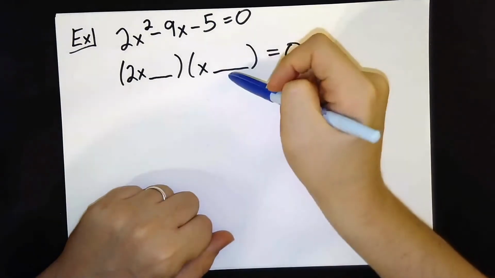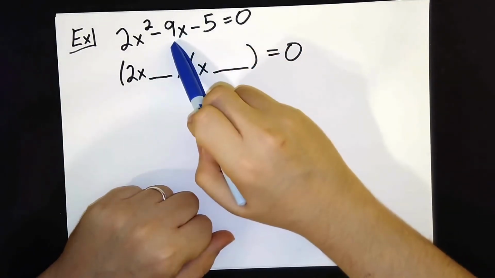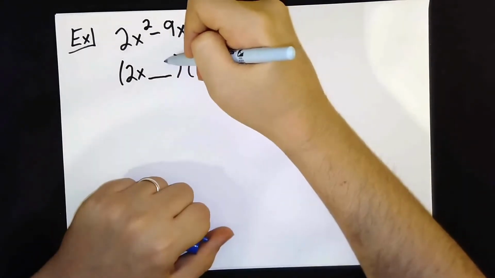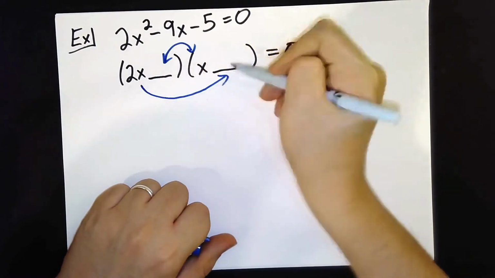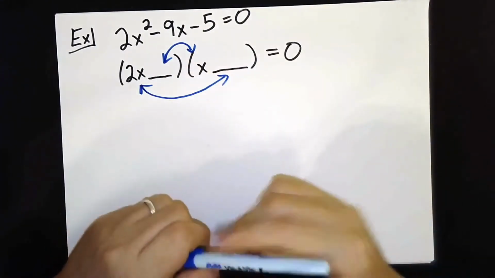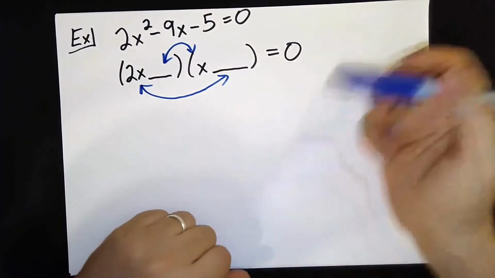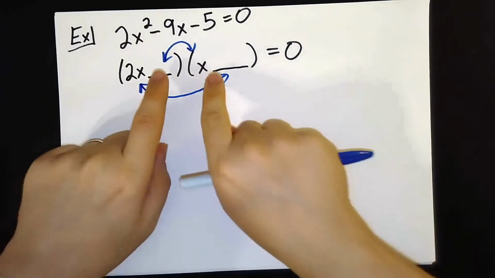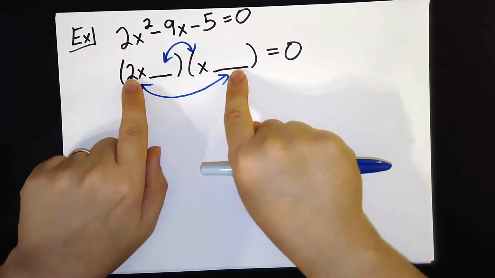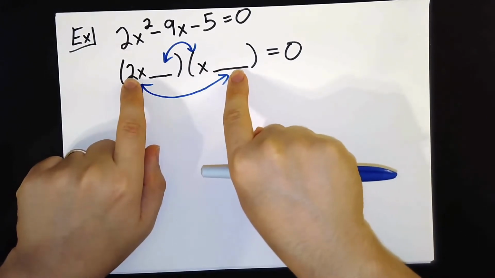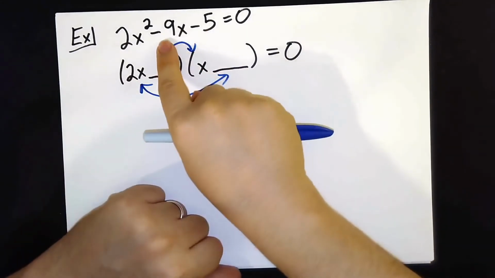The difference is what happens in this middle term. Remember, these inside terms are going to be multiplied together, and these outside terms are going to be multiplied together. So the effect is that I'm going to have this number plus 2 times this number.